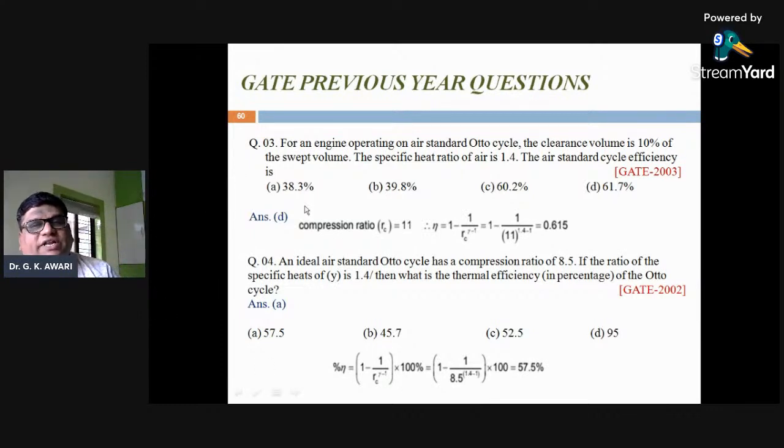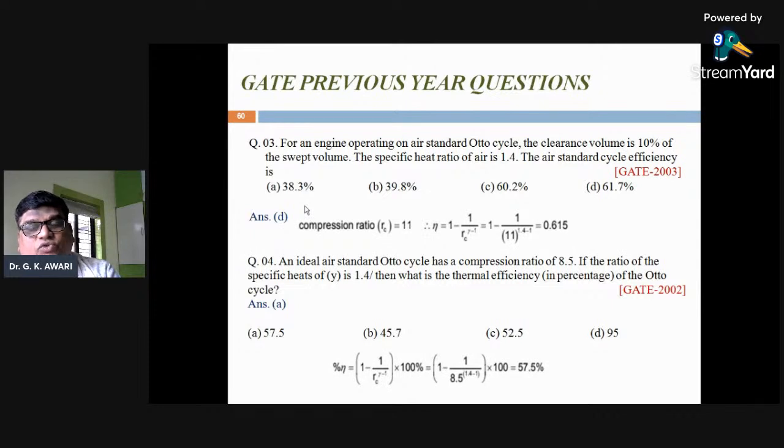Options are given: 38.3, 39.8, 60.2 and 61.7. These are the four options which we have been given. So do not tick any value at random.